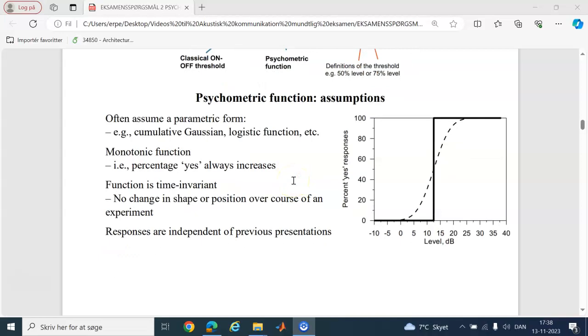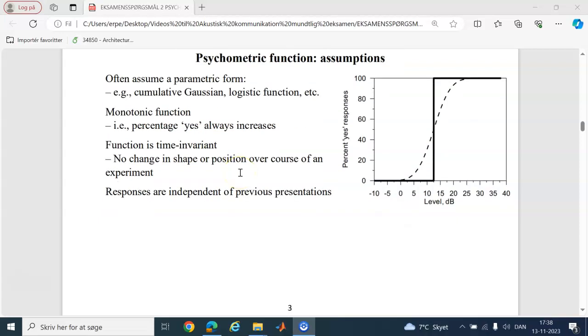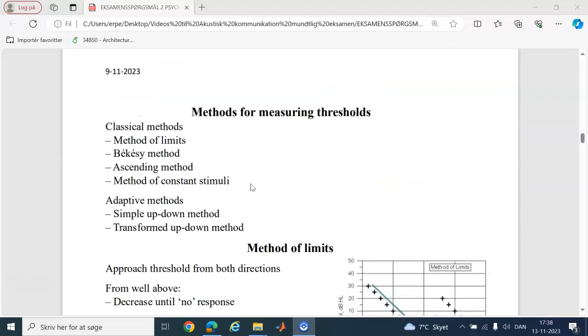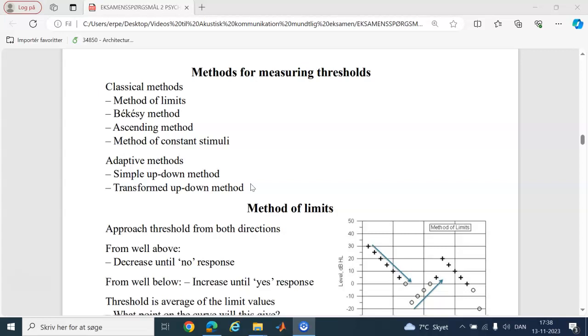Monotone: the percentage of yes always increases, it is monotonically increasing. The function is time invariant, with no change in shape or position over the course of an experiment. Responses are independent of previous presentations.